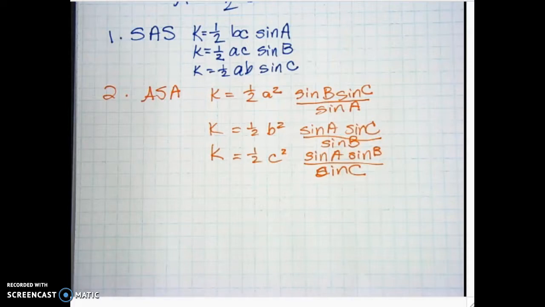It's just depending on what you need to solve for and what information you're given.